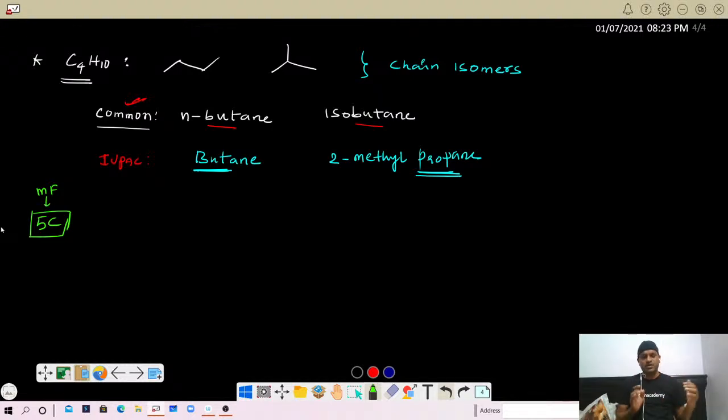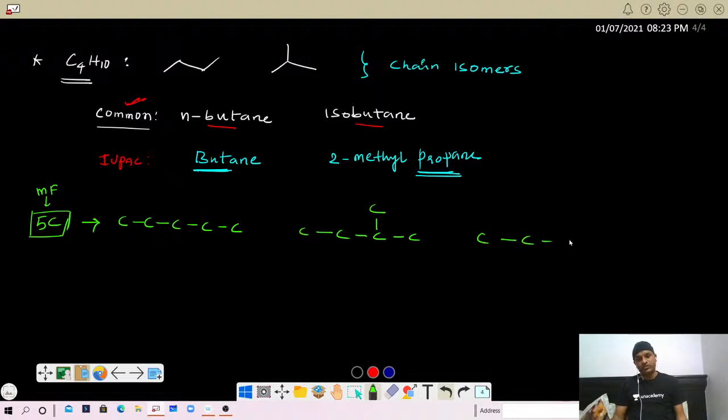First you have to see the carbon skeleton. I'm not showing hydrogen and other elements, because carbons are most important for chain isomers. So in this case, what are the chains possible? You can write a straight chain like this, one more chain with root word but, and one more chain with root word prop.